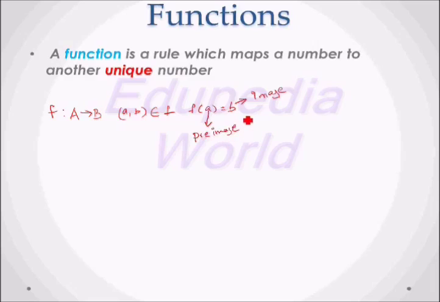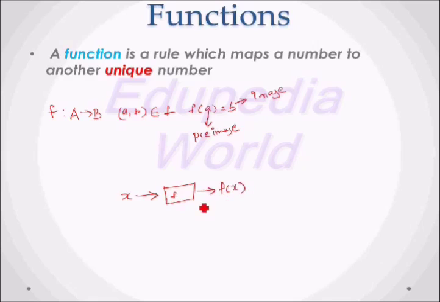Let us simplify this. If we start off with an input and we apply a function, then we get an output. Let x be the input which we are providing into a function machine f, so that we get an output f of x.